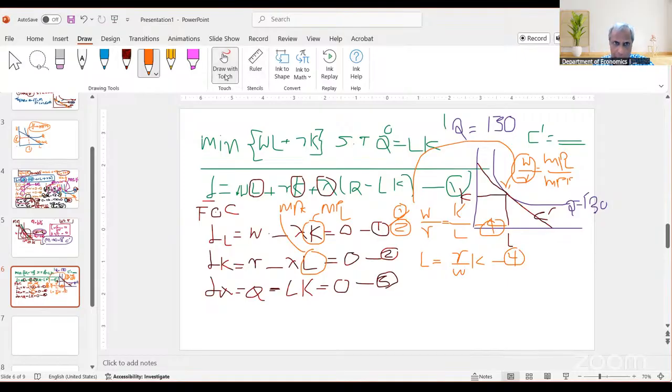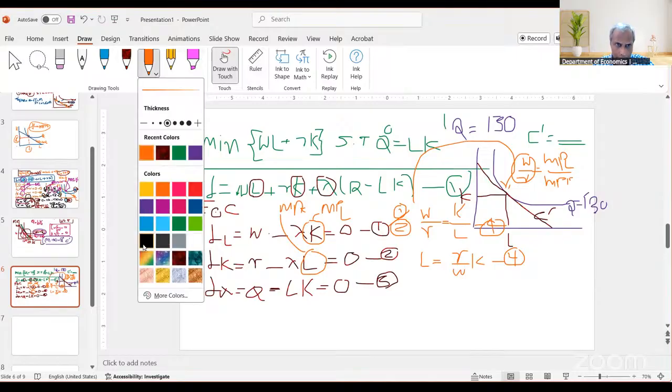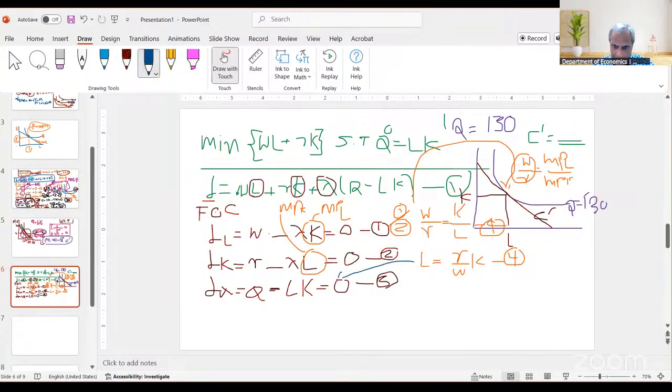Now this equation number 4, if you take and plug into the equation number 3, you can find the L, I use this time L hat and K hat. Here, you get LK equal Q. That is the equation number 3, rearranging.